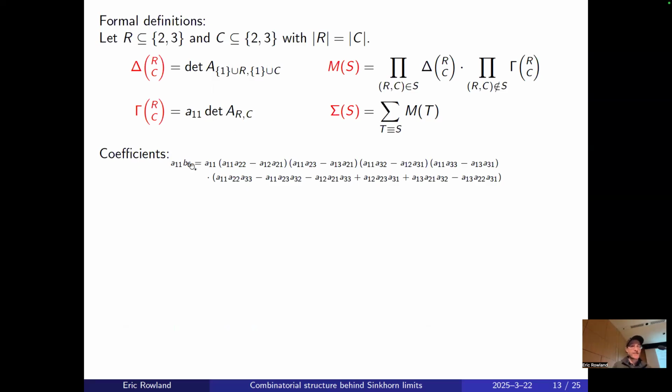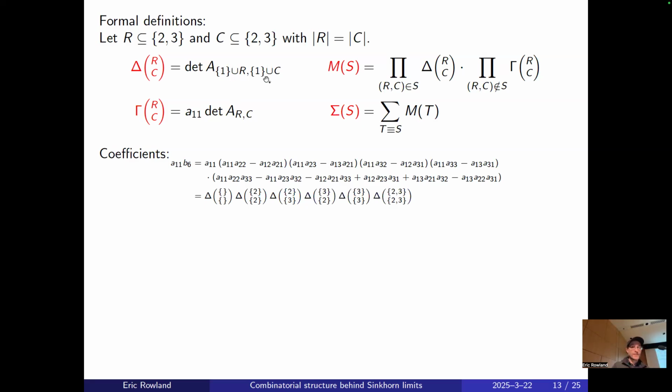So this is A11B6 in its full glory. What we're going to do is write each of these 6 minors using this notation. So this is delta of a row set and a column set. The definition is right here. What we're doing is, in addition to the rows and columns that are specified here, we're also going to include the first row and first column.